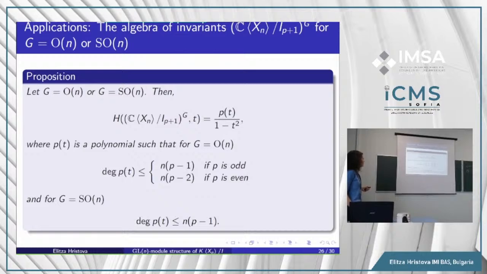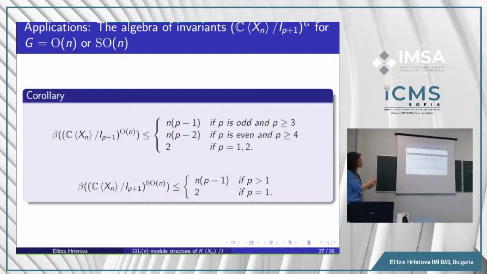For ON this is the bound here, and for SON this is the bound on the degree of the polynomial. And based on that, we can obtain as a corollary a bound on the maximal degree of a generator in the case of ON and SON.